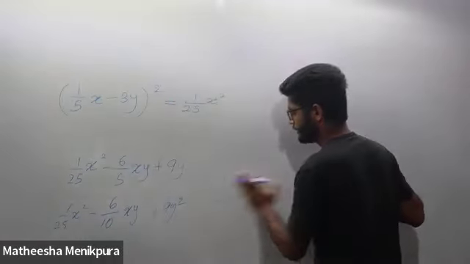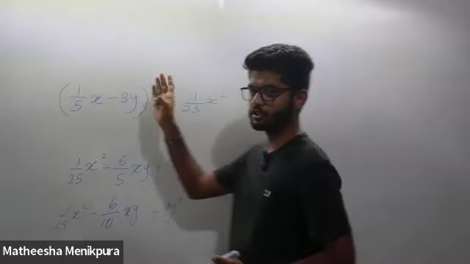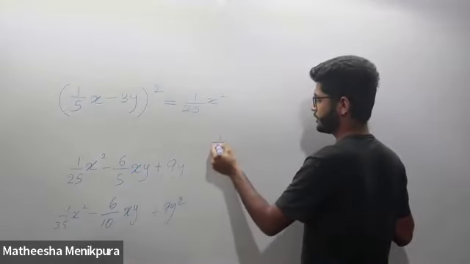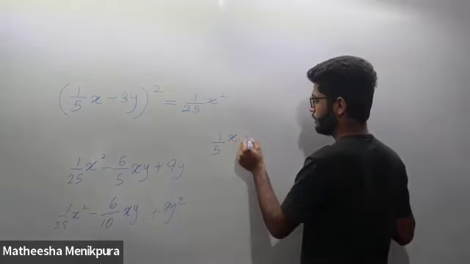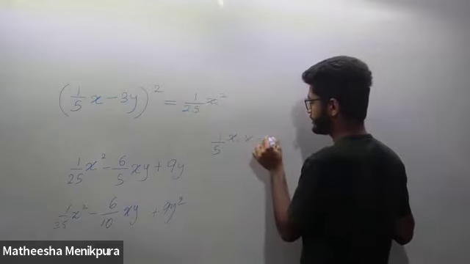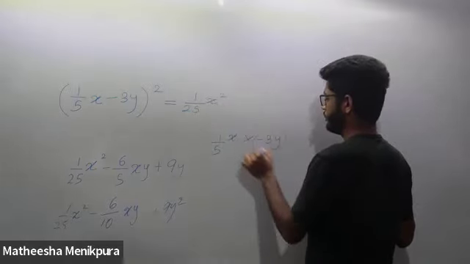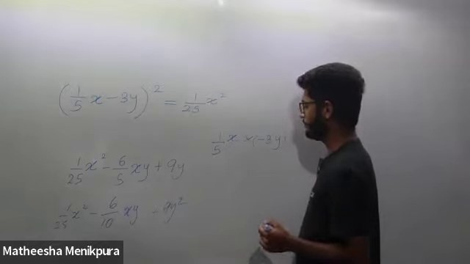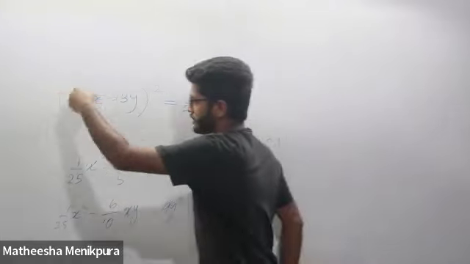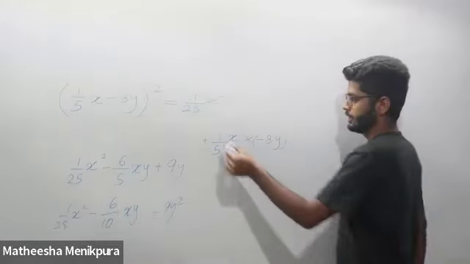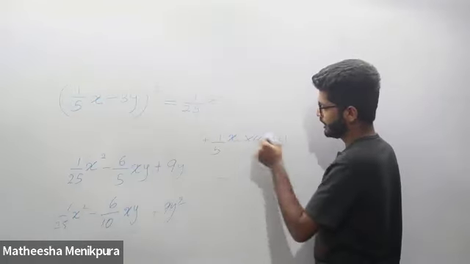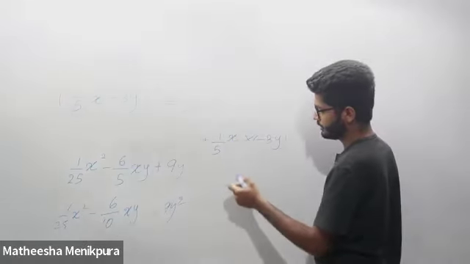Now take the product of these two terms and multiply the answer by 2. Product means multiplication: 1 over 5x multiplied by minus 3y. Plus into minus is minus. 1 into 3 is 3.